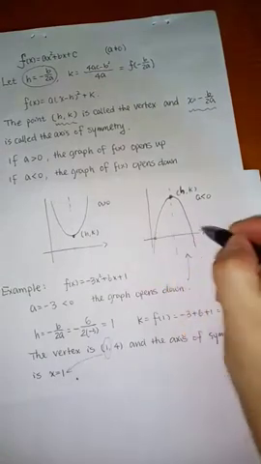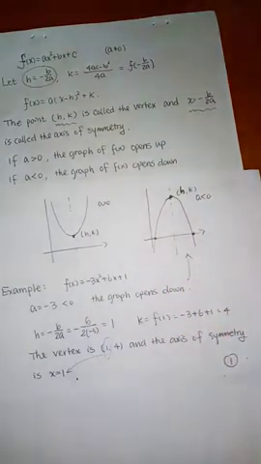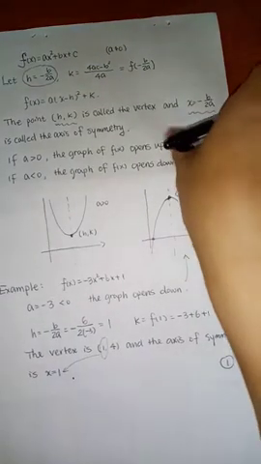It's like this. This corresponds to b squared minus 4ac greater than 0.